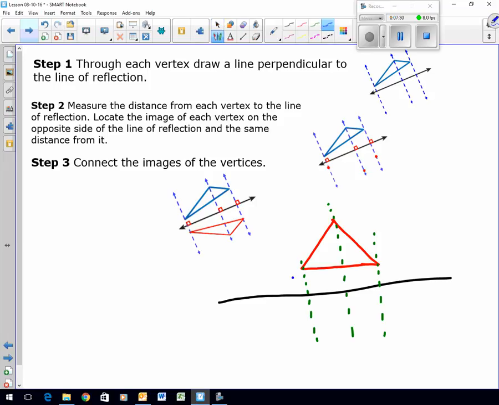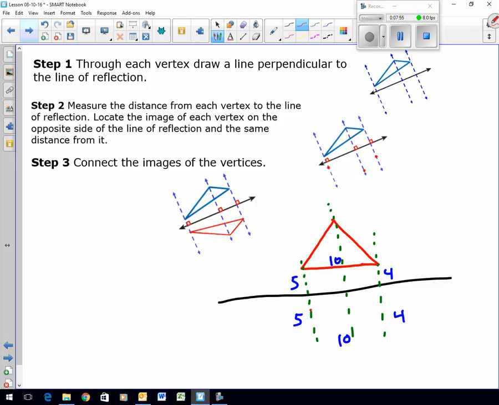I will take the measurement and say that's 5, that's 4, this is 10. I'll take the measurement from each vertex to the line of reflection. I go 5, 10, and 4 on this side.